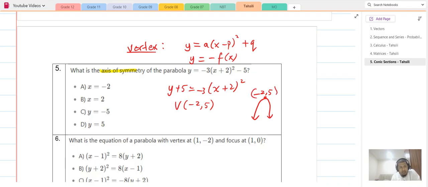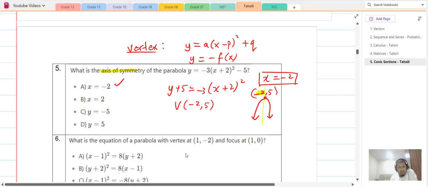If the vertex is -2 and 5, what's the equation of the axis of symmetry? It's a line that cuts the parabola into two equal halves. It's a vertical line. The equation of the vertical line is x is equal to a constant. So what's that constant? -2. You take it from the turning point. So the equation is x is equal to -2, and that's my answer.